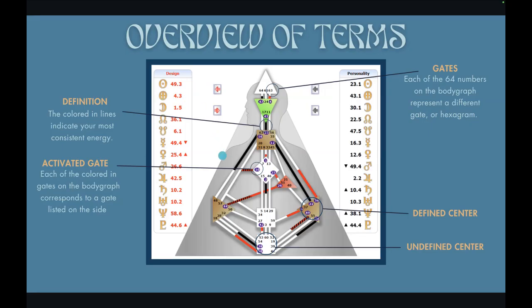So when you look on here and wonder why some of the channels are red, why some are black, why some are striped, it's because we have gate 16 here, over on the personality side, whereas gate 36 is over here on the design side. Gate 44 is both, right? So that's why it's striped. It's red and black.